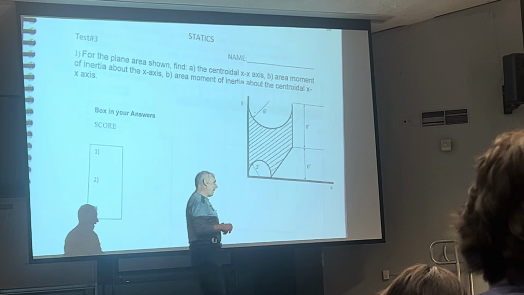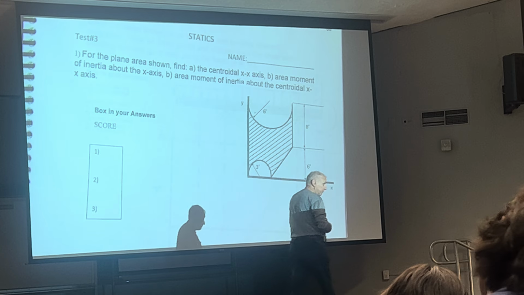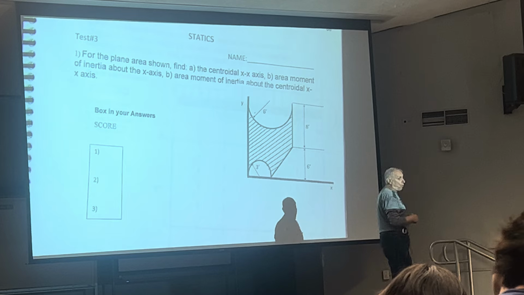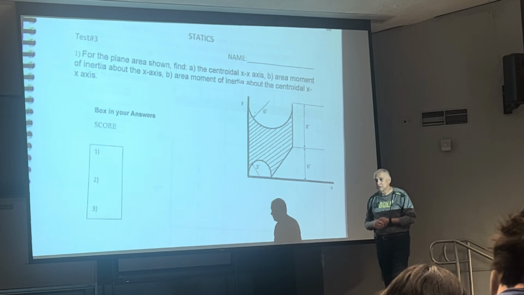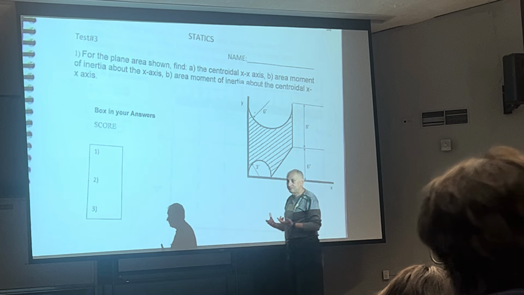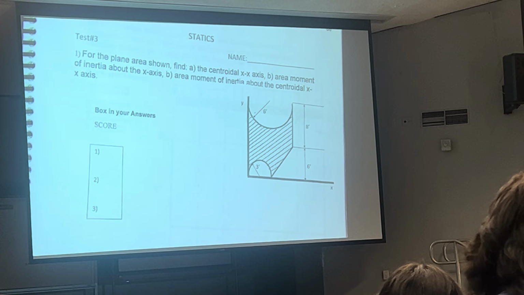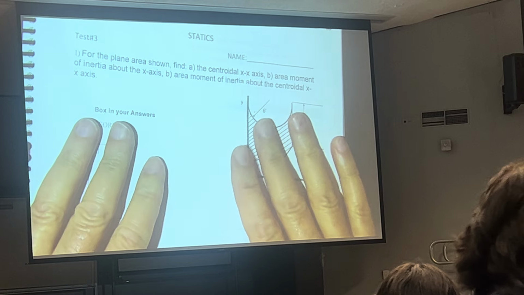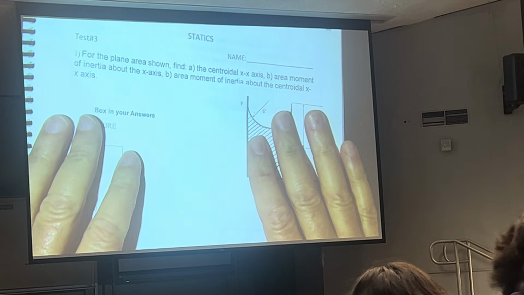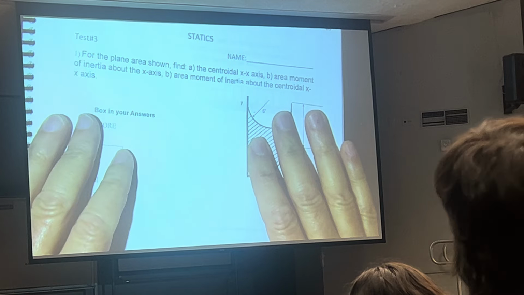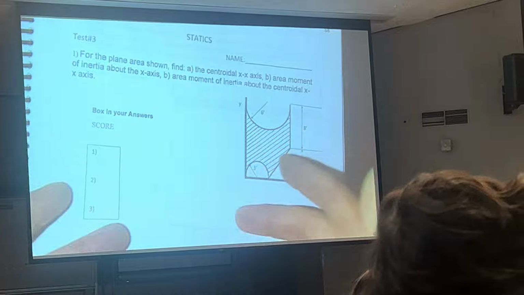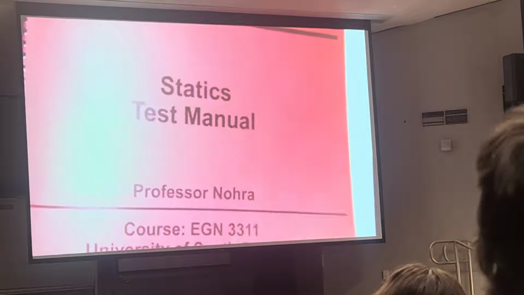Now, I may write centroid YY. I may say centroidal YY axis as opposed to XX. But that's about it. This is question number one, test number 3. Did I say it's the easiest test? Yes. Why? If you can add, subtract, multiply, and divide and understand certain concepts, you're good. Should be 100.